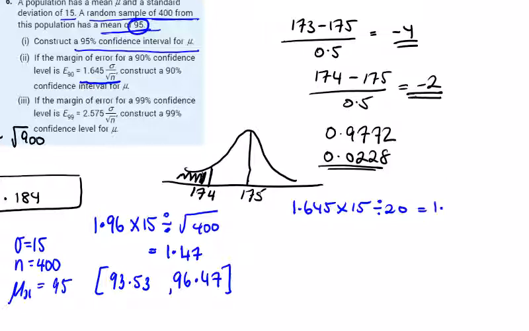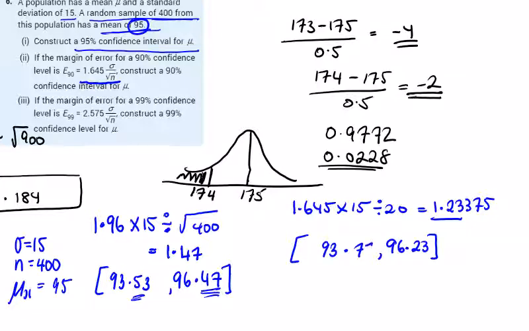That's giving me 1.23375. We'll take two decimals, as we've taken two decimals here, 1.23. So I'm going to go from 95 to 96.23 on one side, and 93.77 on the other. That's 90%.